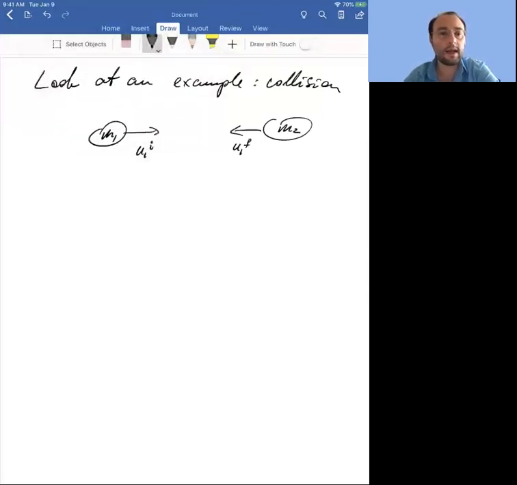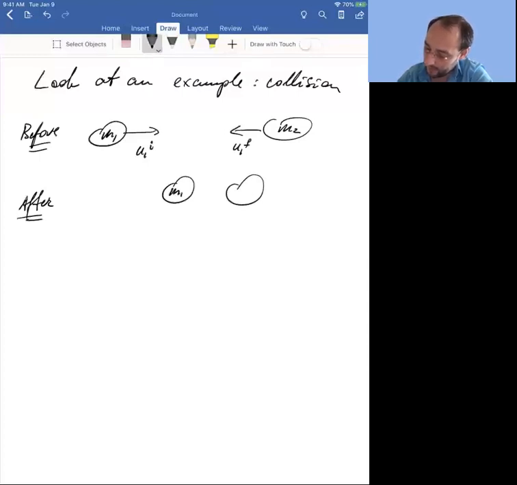Okay. They collide. For simplicity, let's say the particles retain their identities. So this is before, and this is after. The same analysis holds even if the reactants and products are not the same, and therefore even if the masses are not the same.